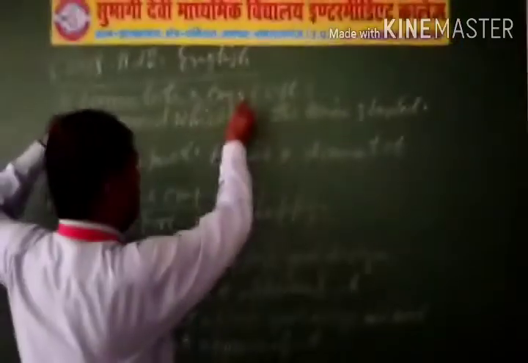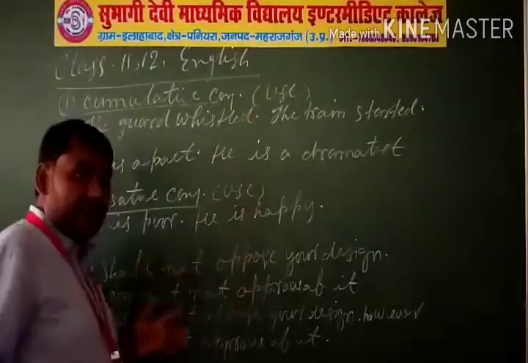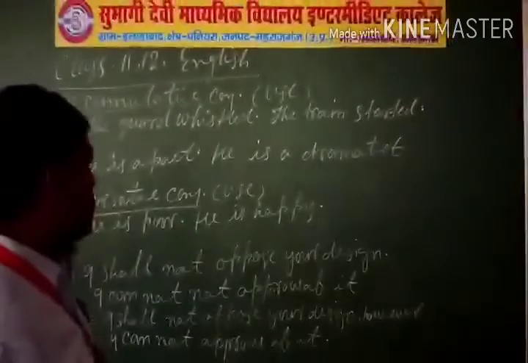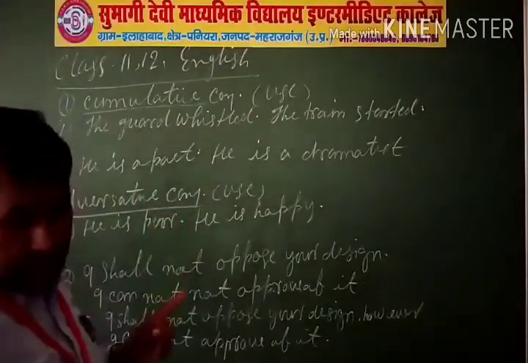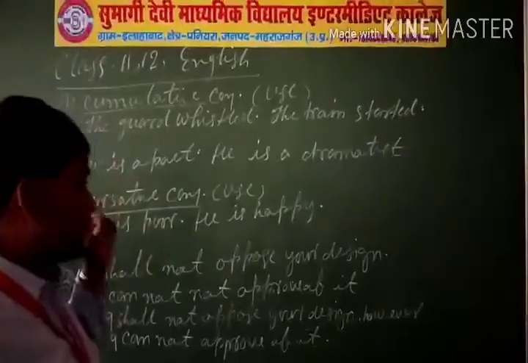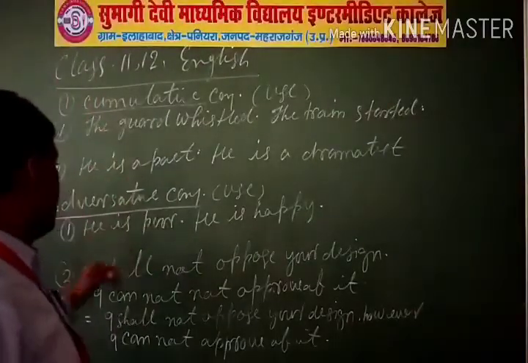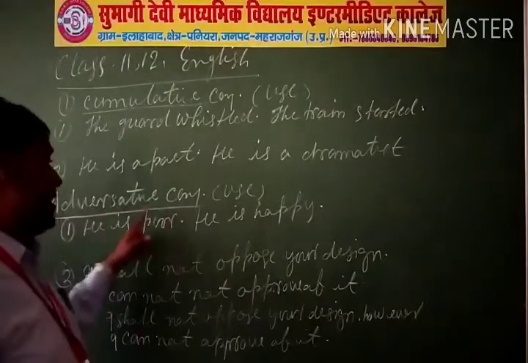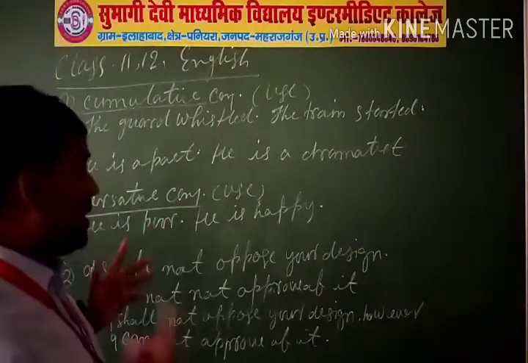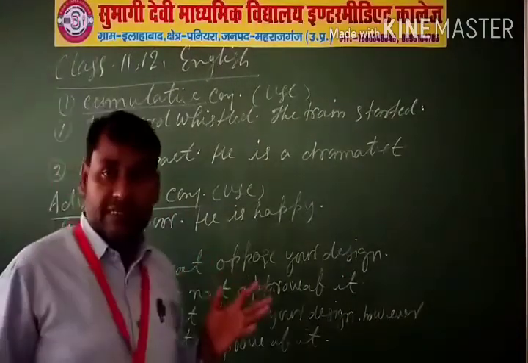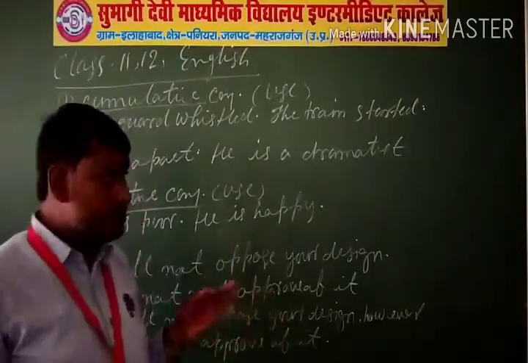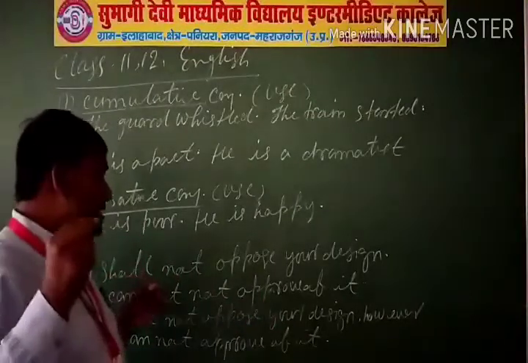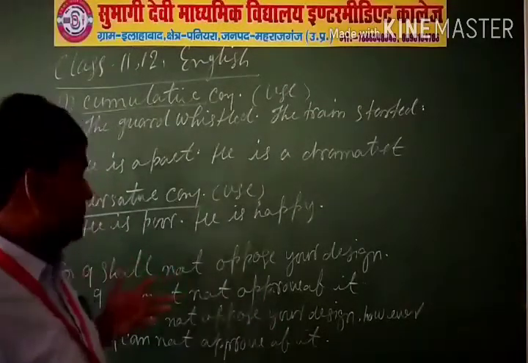So first of all, by the help of cumulative conjunction, we have to join two or more simple sentences into one sentence, and after that by the help of adversative conjunction. So please listen carefully to what I say.